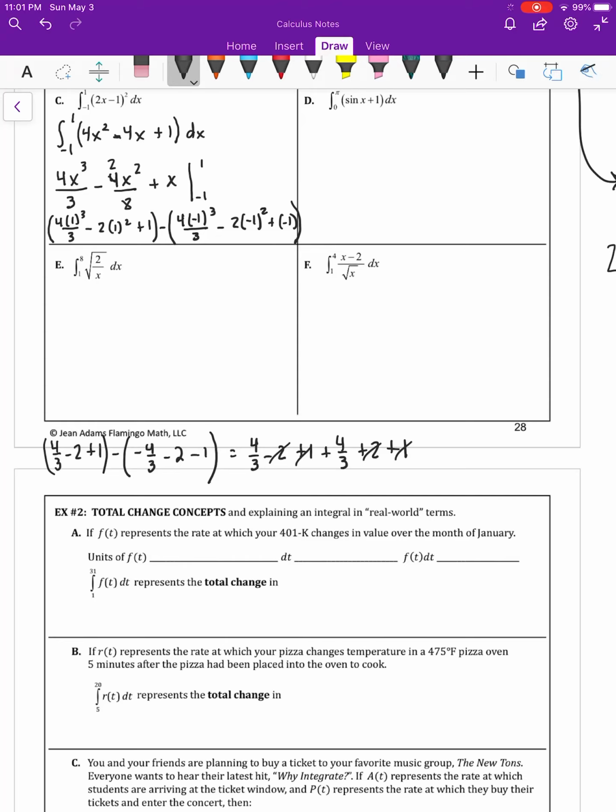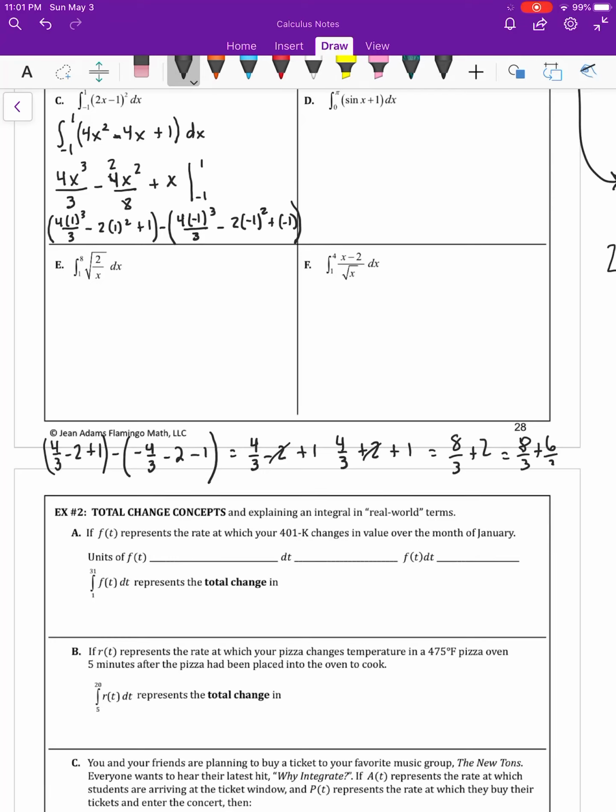And so I didn't combine that negative 2 and that positive 1 there because I knew that, oops, I canceled out too many. Sorry about that. I knew that negative 2 and that positive 2 were going to cancel. Okay. I accidentally marked on my ones.